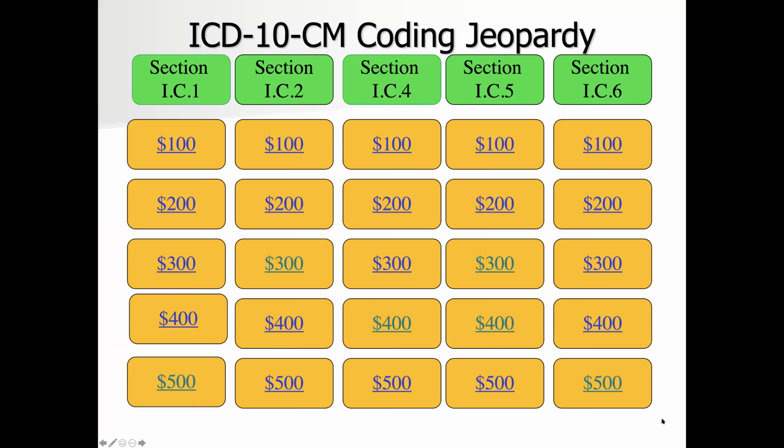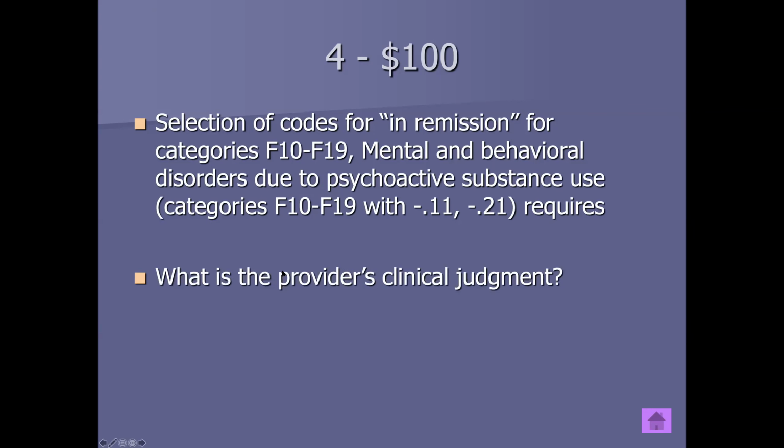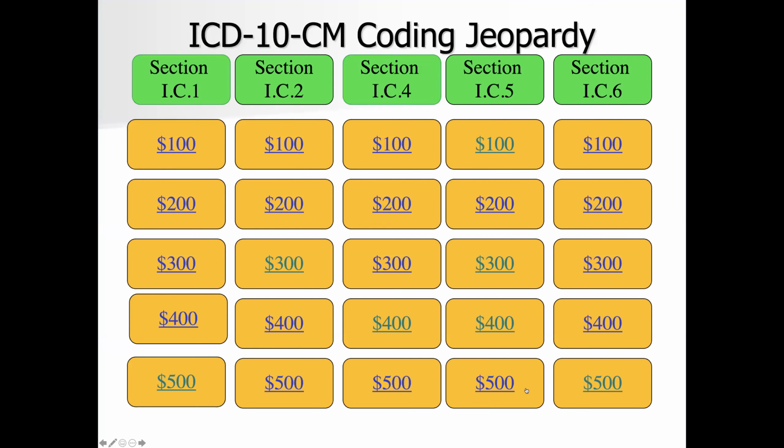Back to Lisa. I'll do 5 for 100. Selection of codes for in remission for categories F10 through 19 requires... What is the provider's clinical judgment? That is correct for Lisa. Back to Destiny. Let's do section 4, 300.